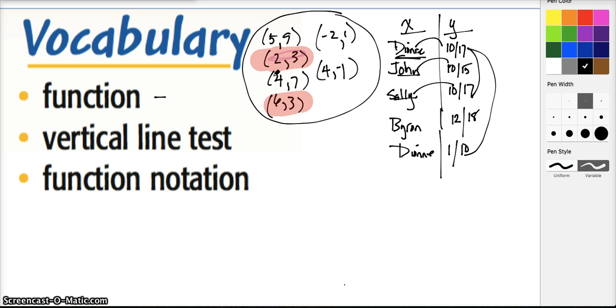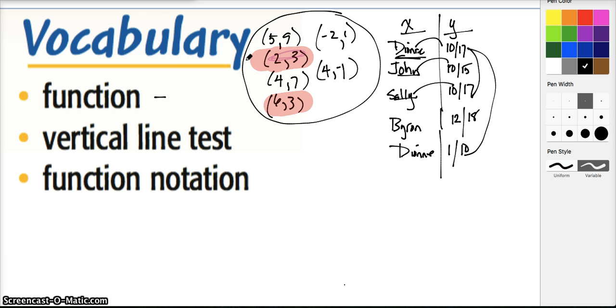So the x value can only be associated with one unique y value. That's what a function is: a relationship where each x value is associated with exactly one y value. I know that was long-winded, but my hope is that it will help you remember.